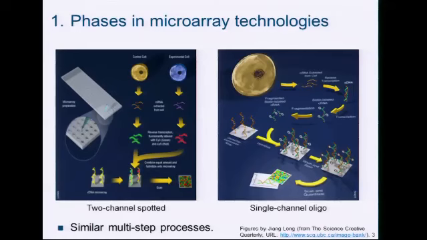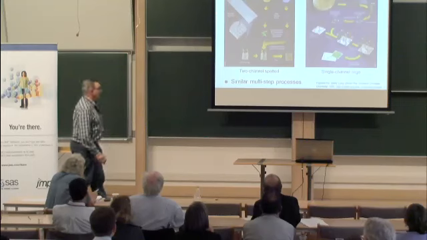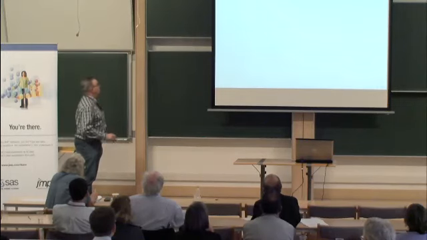And again, you need to have an array, and these are often purchased, and have short oligonucleotides on them, and you hybridize the fragmented cRNA onto the chips that you have, and then you wash and stain them and scan them. So these are similar multi-step processes, I guess, with some differences, of course.